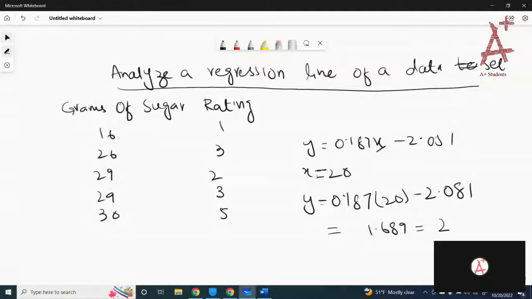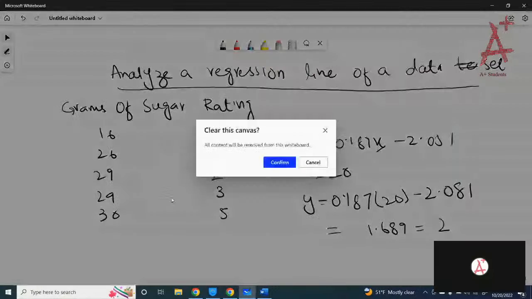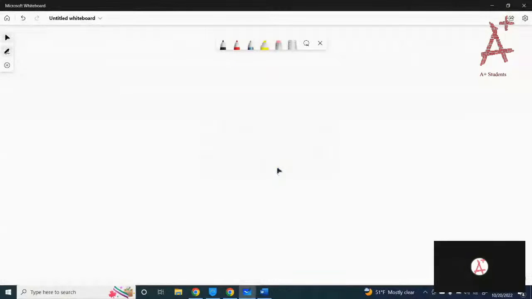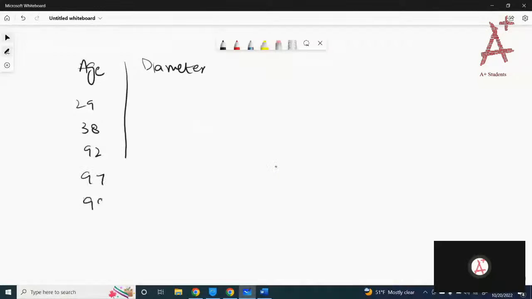Okay, let's do another example. The next example is use the least square regression line of the data set to predict a value. You are given the data set of ages and diameter. The ages are 29, 38, 92, 97, and 98.